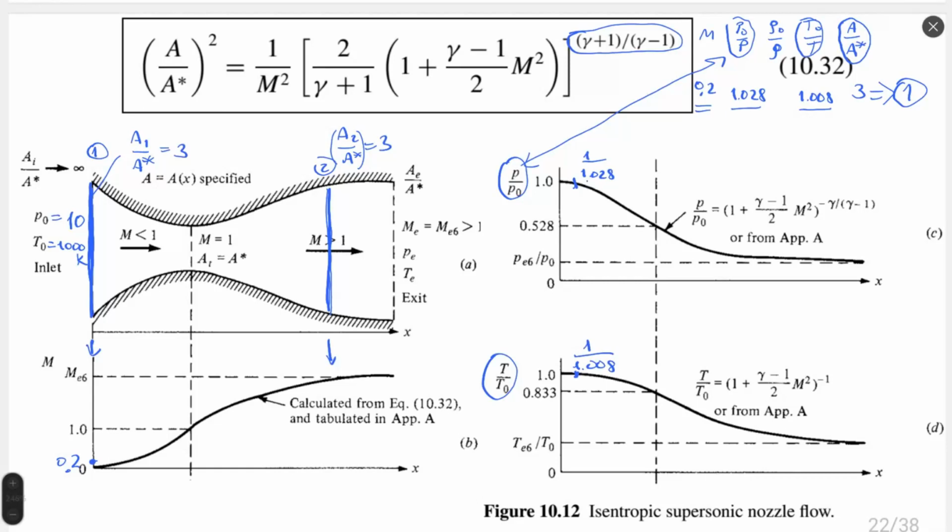Okay, so this is the value. Of course, it should correspond to our 0 coordinate, but it's not. Okay, I will forget that 1 is here. Actually, we can see, analyzing equation 1032, that if we would like to obtain Mach 0 from equation 1032, we need to have area ratio equal to infinity.